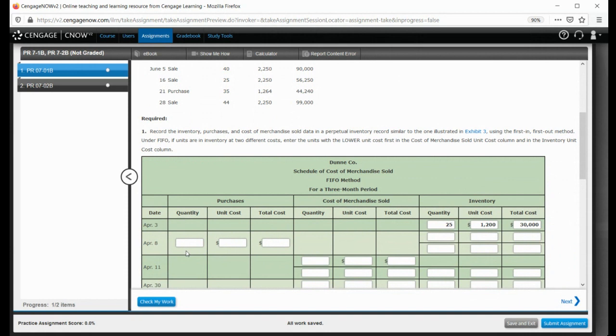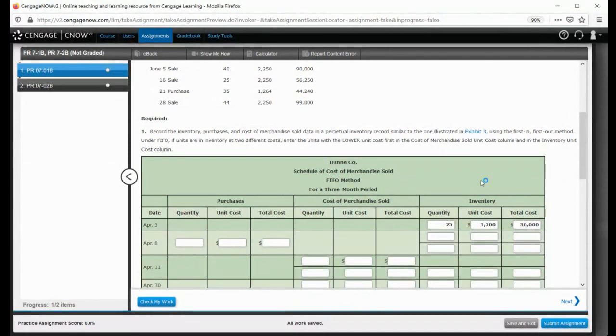Because remember, perpetual meant that we're keeping a continuous record, continuously updating our merchandise inventory. So we'll know exactly how much inventory we have on hand, and how much it cost us throughout this period of time.